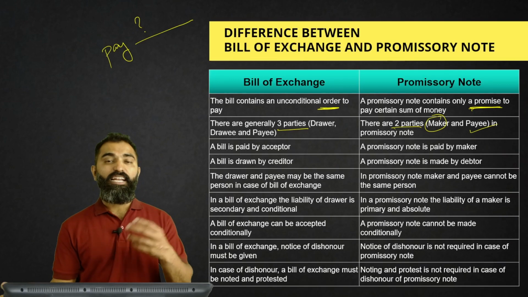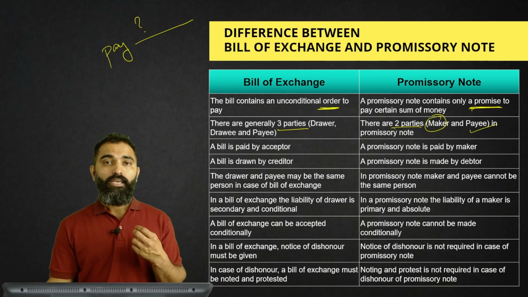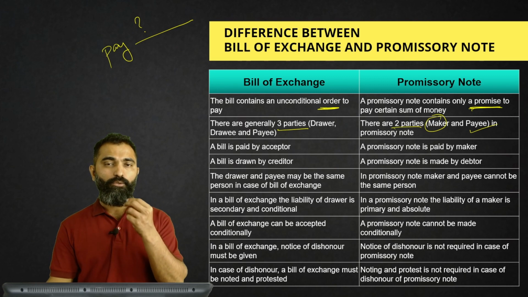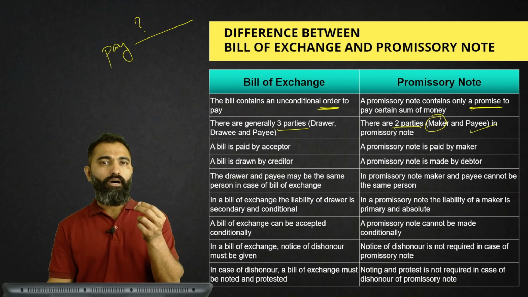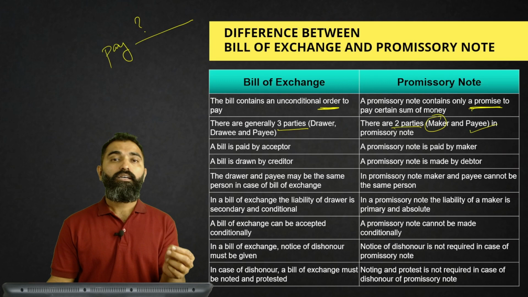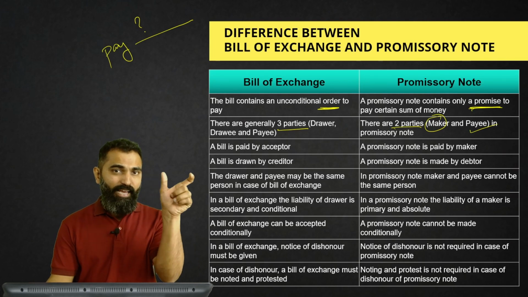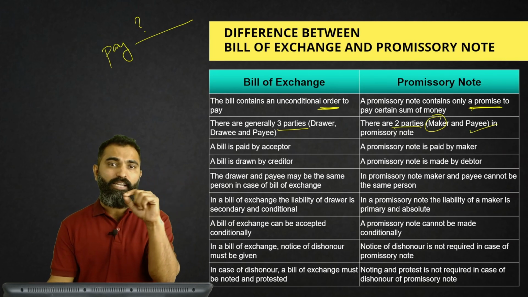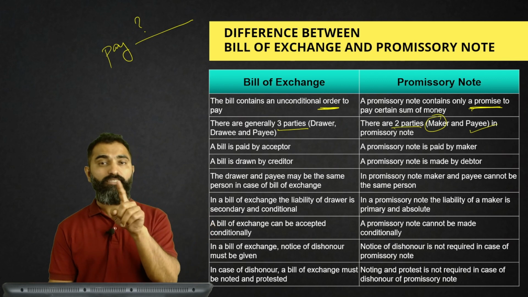Even in case of a check, if you issue a check to, let's say, your housing society, so pay, and in front of the word pay you will write the name of your society. So that society is the payee.